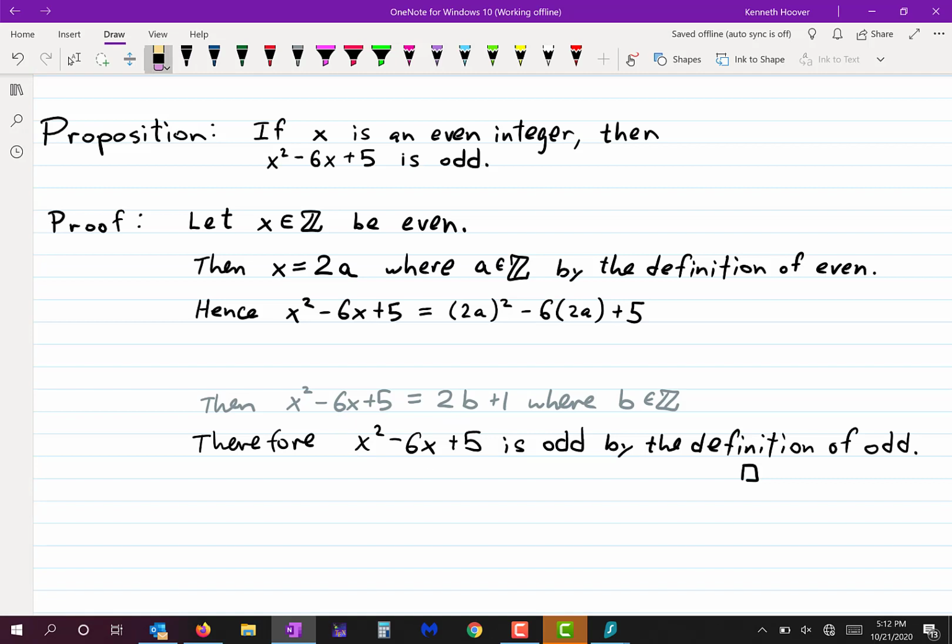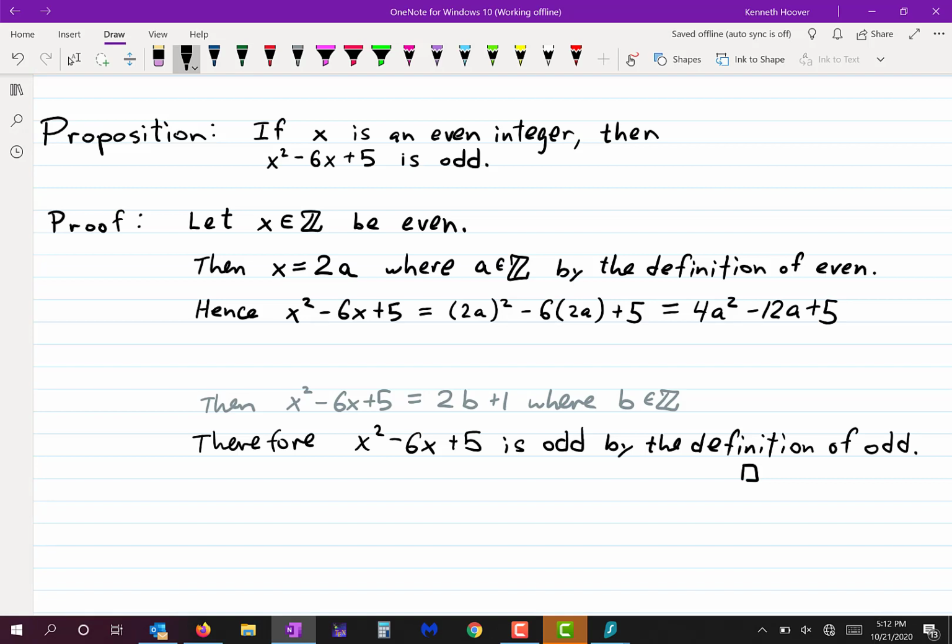I just used the substitution property there. This allows me to change this into this. Okay. Now, let's simplify that. What does that equal? Wouldn't that be 4a squared minus 12a plus 5?